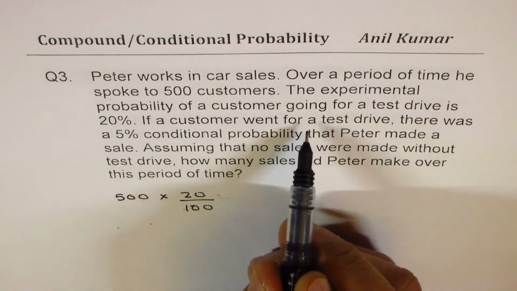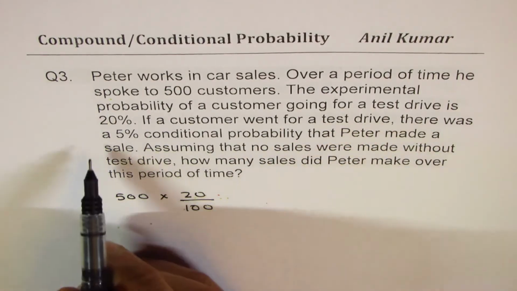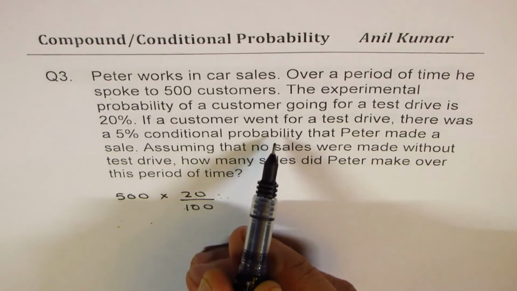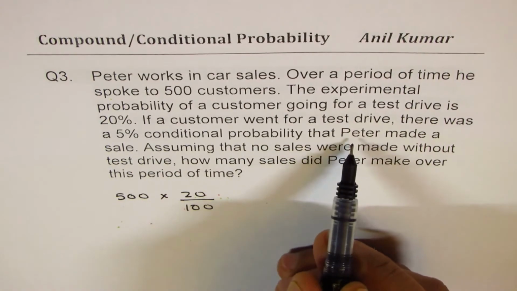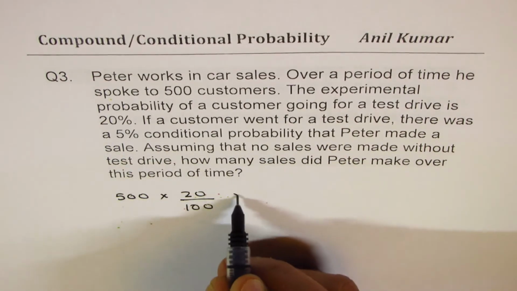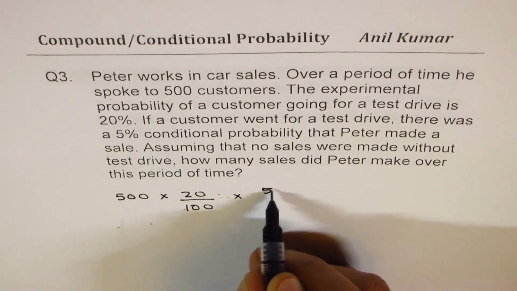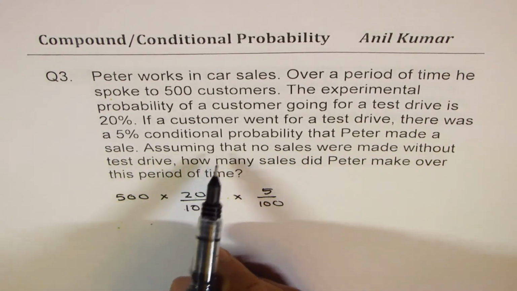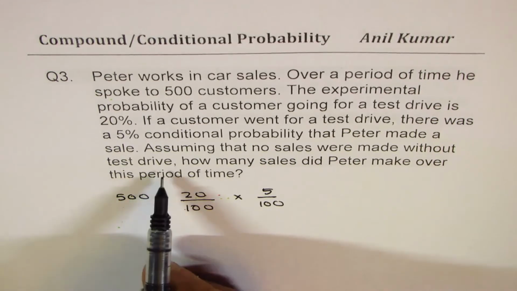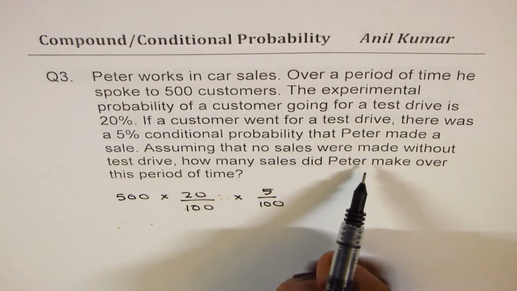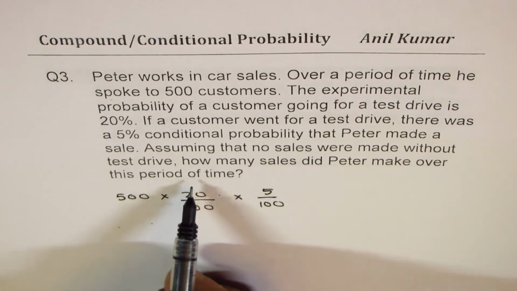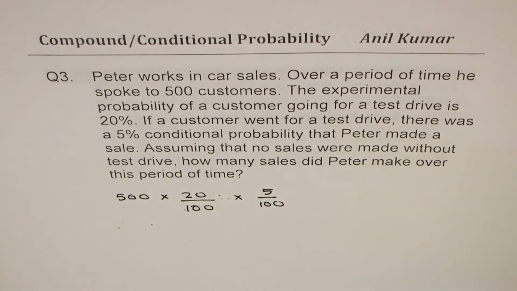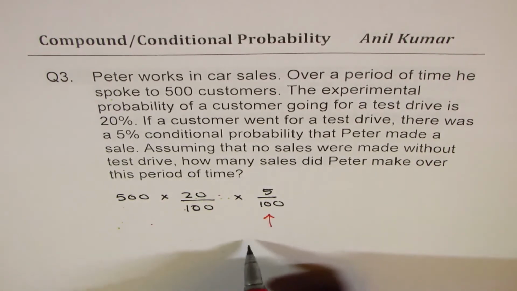If the customer went for a test drive, there was 5% conditional probability that Peter made a sale. So that times 5% conditional probability, right? Assuming that no sales were made without a test drive, how many sales did Peter make over this time period, right? So here we have a conditional probability.